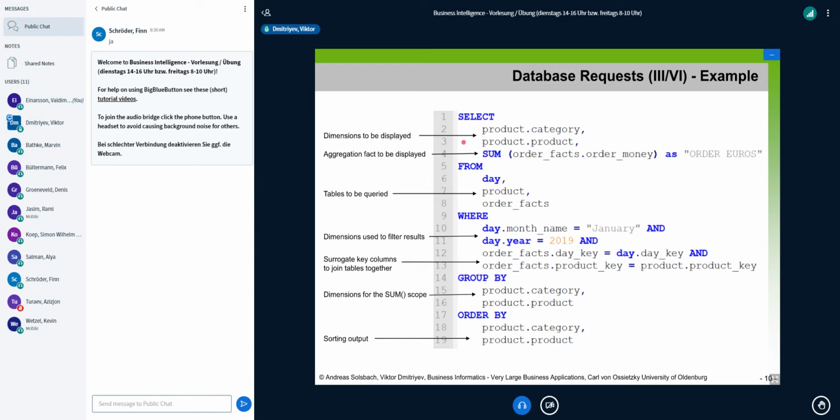Because in the select you have dimensions to be displayed and facts to be calculated. I don't need to explain the SQL: you have select, from, where, group by, order by. So this is a structured way of dealing with the data inside the database. If you don't know SQL, but you would like to stay in data analytics, BI, or whatever, it's a good idea to learn SQL. It's really a handy tool.